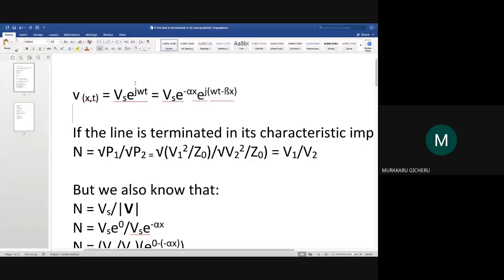This equation is a general form of the voltage equation for a transmission line. Let me just open up the text real quick. So if I can refer you to page 66 to 67 of the class notes. The whole thing is very long, so I wasn't very motivated to type all of it out since it's already here.